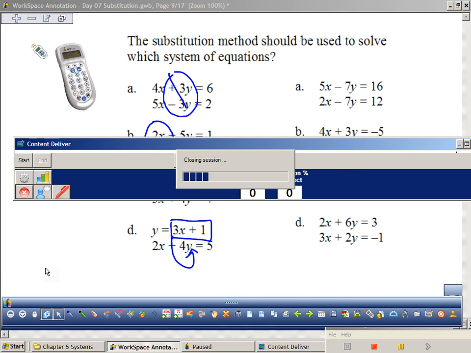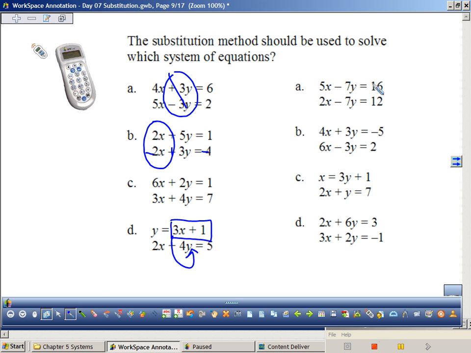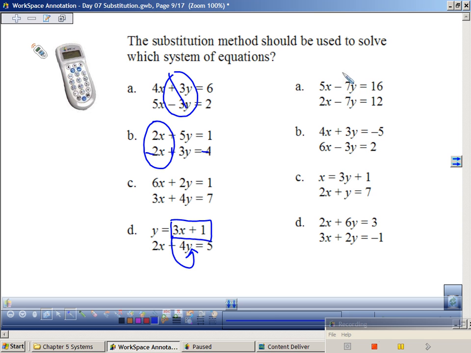All right, let's go through these again. What would you use for this one? Elimination with addition, right? You just have to change signs. What about this one? Elimination. And this one? Substitution. And this one? Multiplication. What would you multiply by for this one? -3, right? Because then that would make that -6.